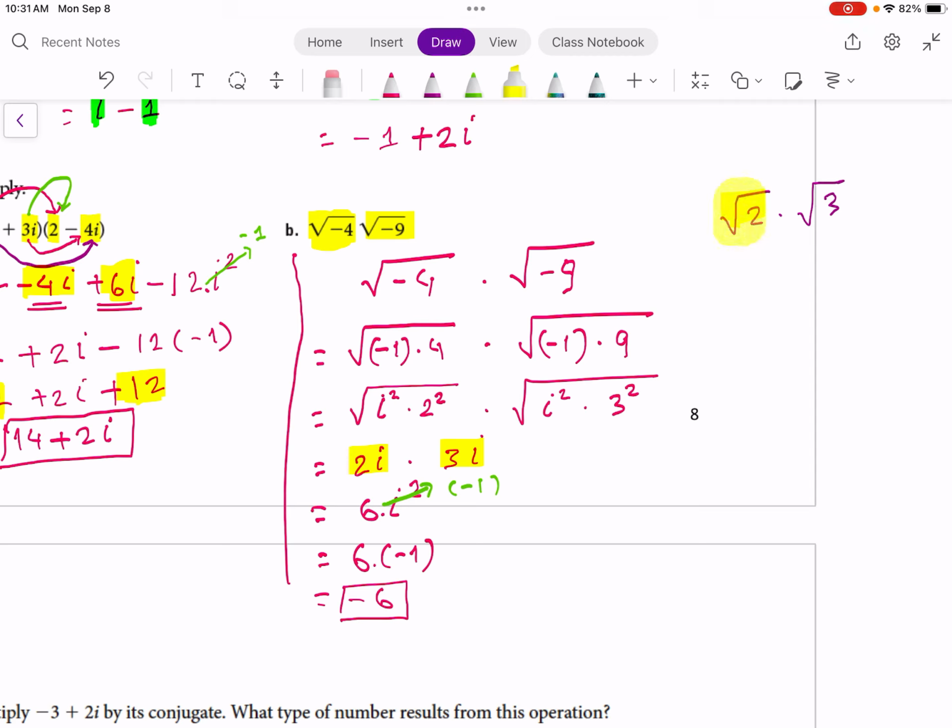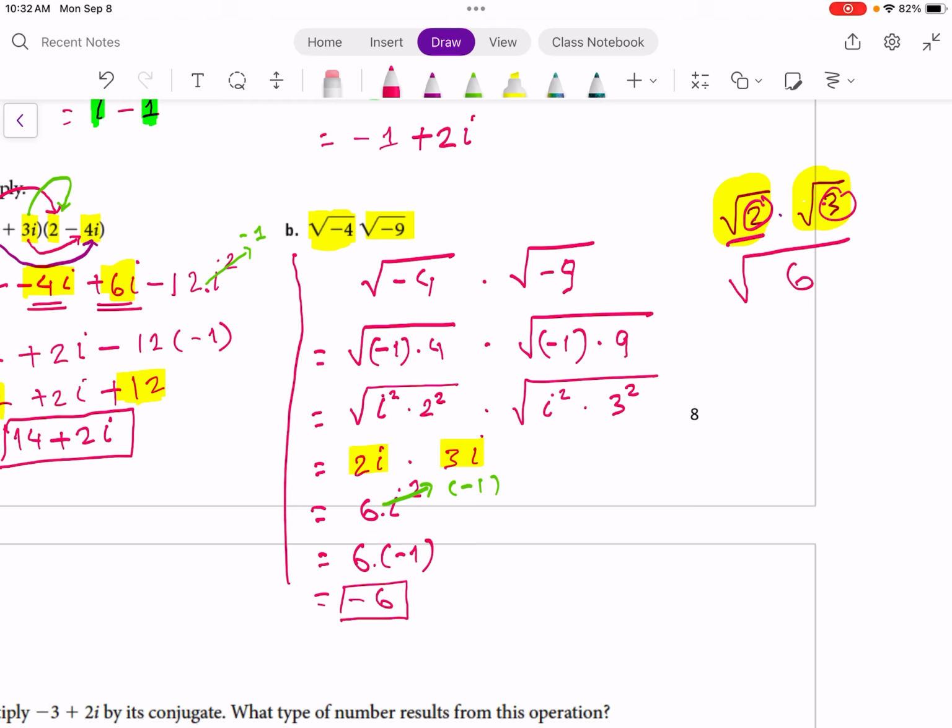What is the index of each? 2, right? Every time we are multiplying radical numbers, the index has to be the same. To multiply, we write down the radical and then multiply the radicands. 2 times 3 is 6.